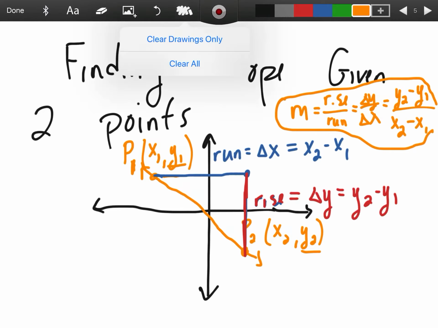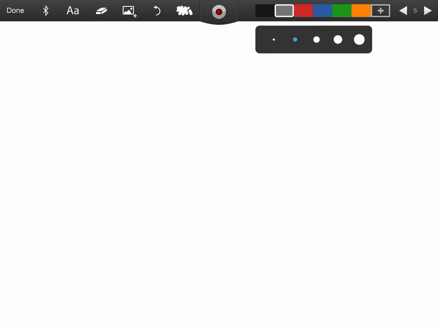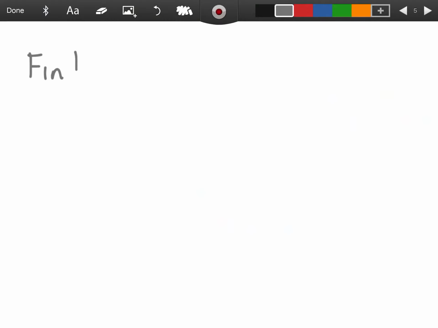Let's do a quick example with this. All right, we'll clear all of our drawings. So find the slope of the line that passes through, and then I'll give you 2 points.